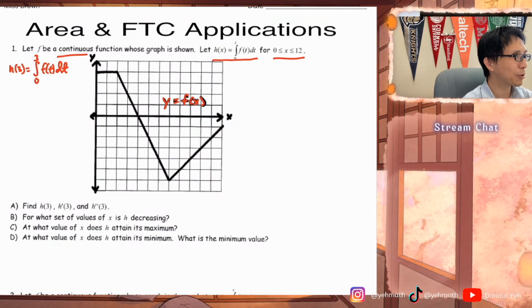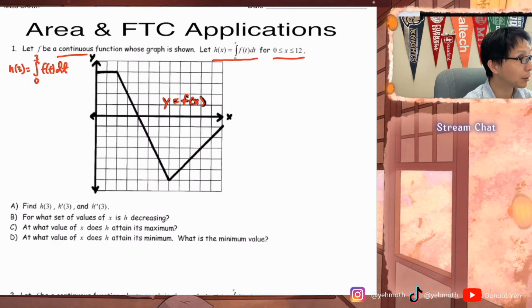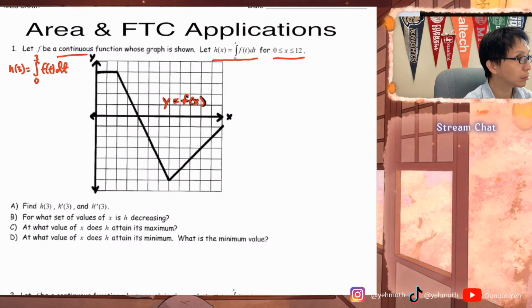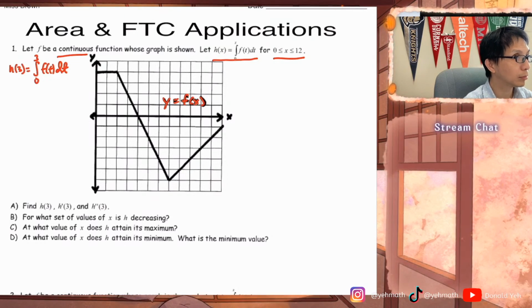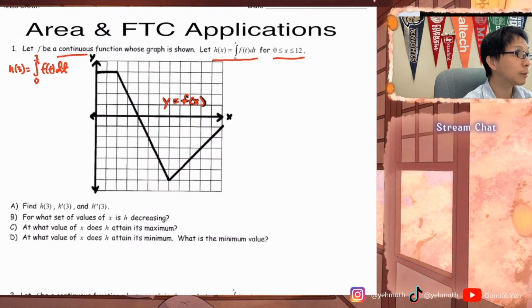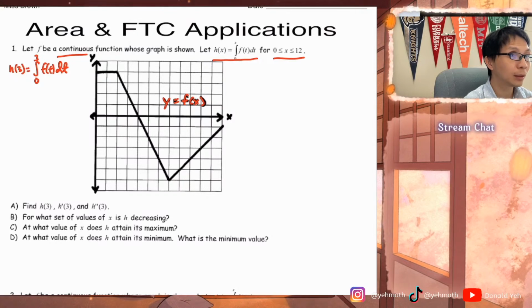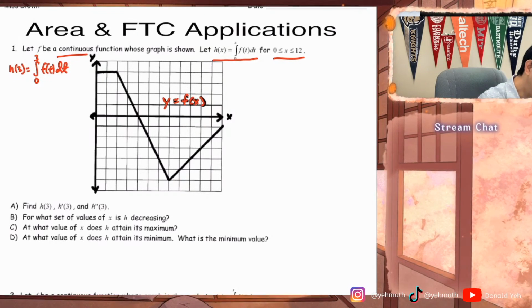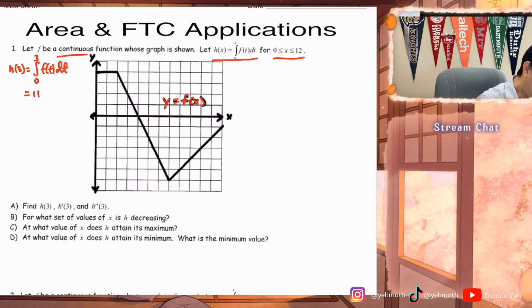So what do you think the answer is if I do 0 to 3? What is it? 11? Yep. How do I get 11?